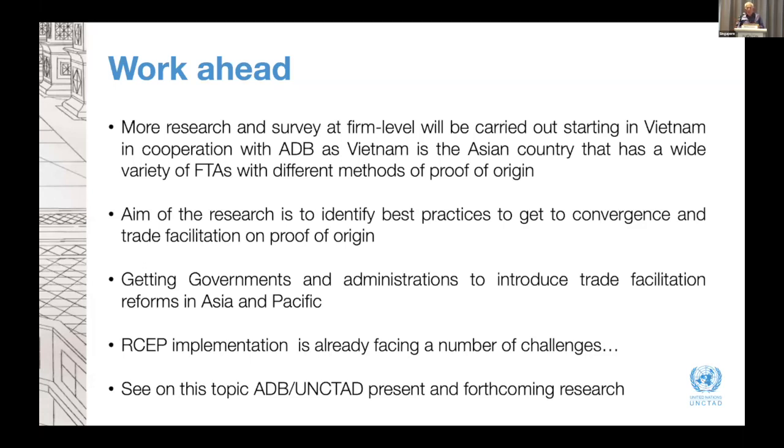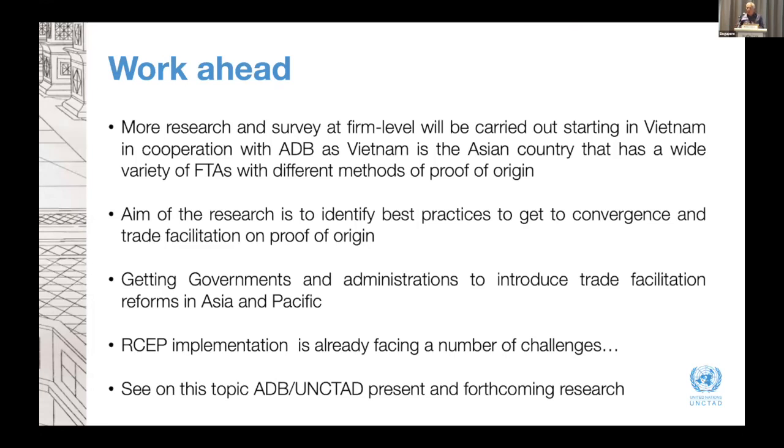It is a good place to start because they face this variety, and they are best placed to tell us what is working best for them. The aim of the research is to identify the best way of proof of origin and the best way to achieve convergence, because we have seen that different FTAs deal with proof of origin in different ways.